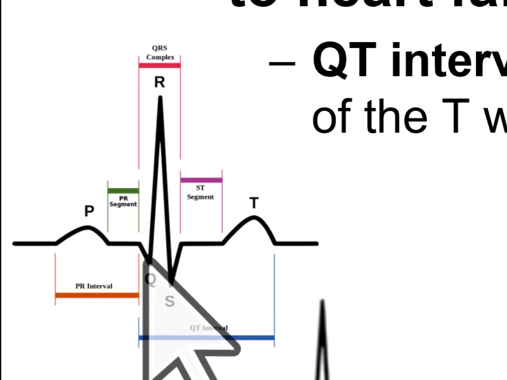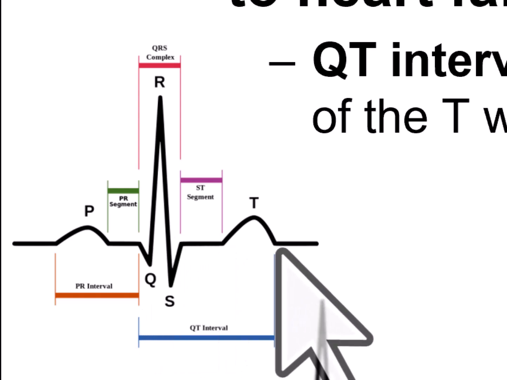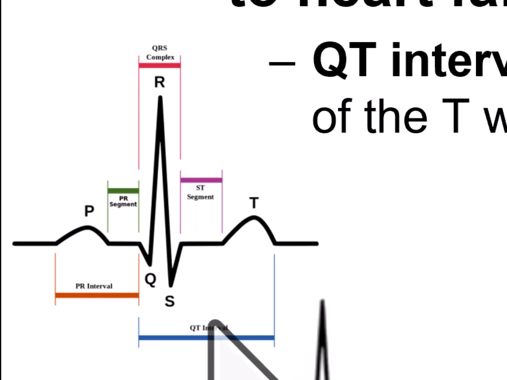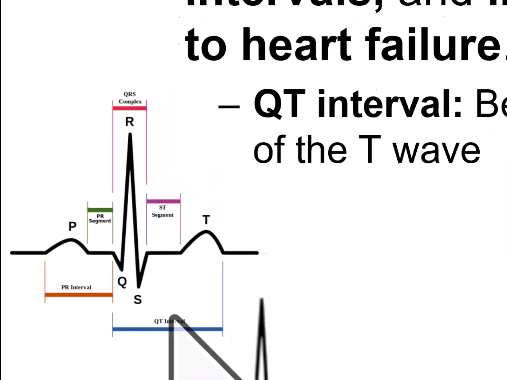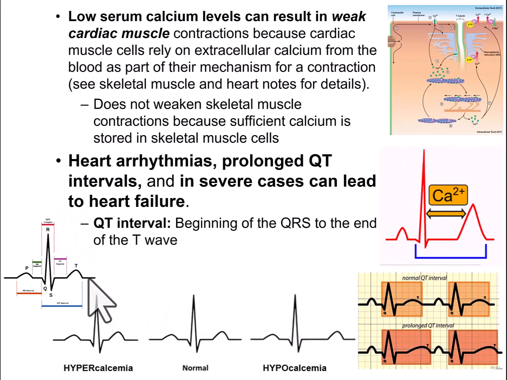Basically, what the QT interval shows is the depolarization and then repolarization of the ventricles. So if you have low calcium levels, this can result in a prolonged QT interval. We'll talk more about this when we get to the heart. For right now, you just need to know that hypocalcemia can certainly cause heart arrhythmias, one of which is a prolonged QT interval.